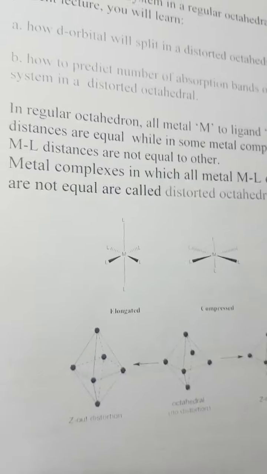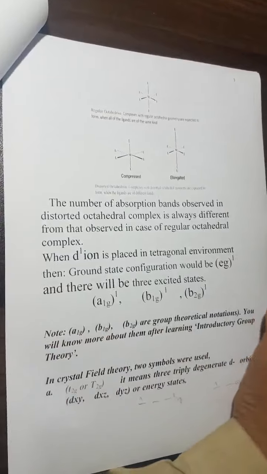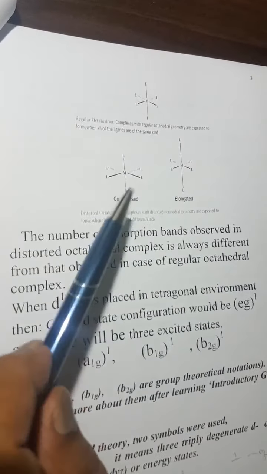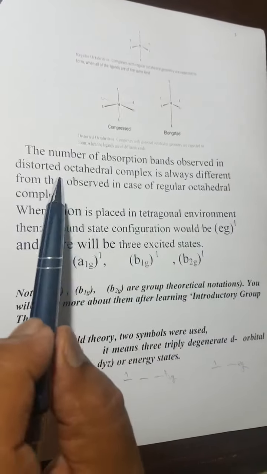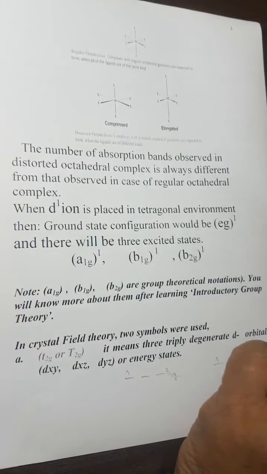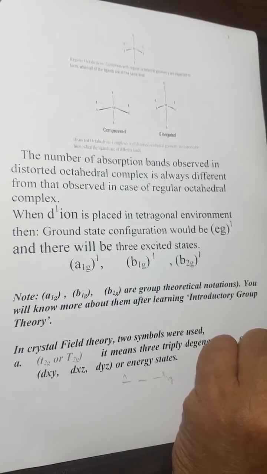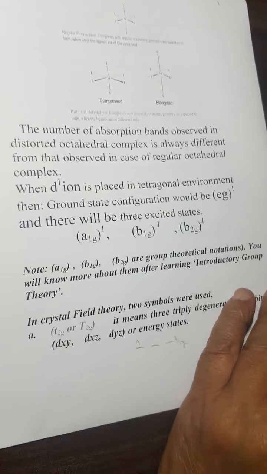Next, on the next page, it is again the same thing: compressed, regular octahedral, elongated. The number of absorption bands observed in a distorted octahedral complex is always different from that observed in a regular octahedral complex.